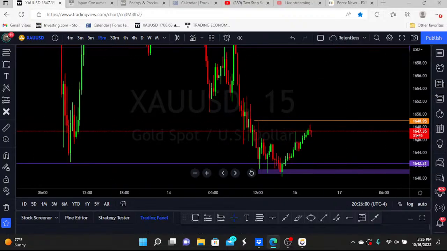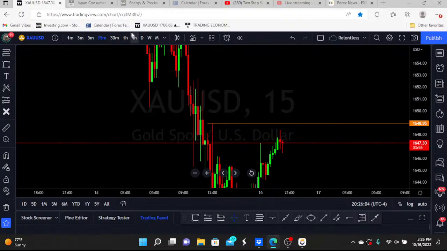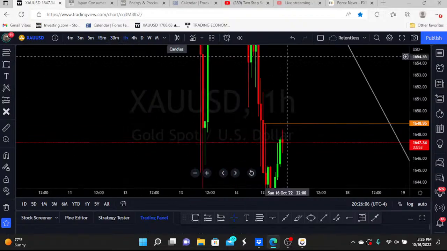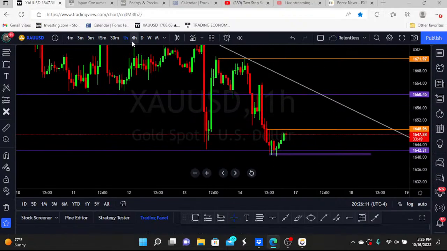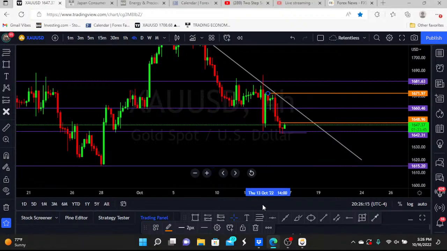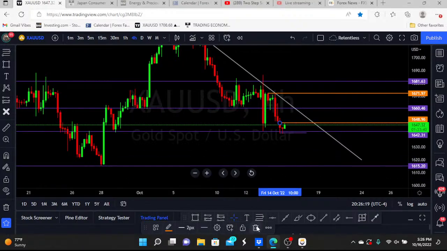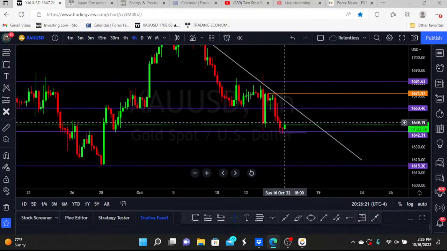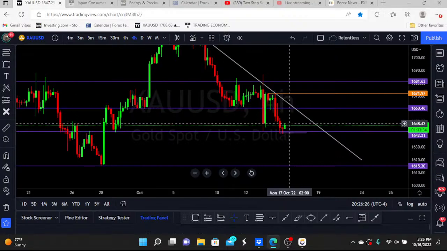I'll tell you what, I'll reduce risk, but I'll never go break even unless I'm taking profit off the table. The only resistance that we have on this 4 hour candle would be the 4 hour high.